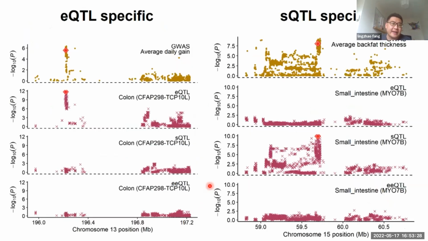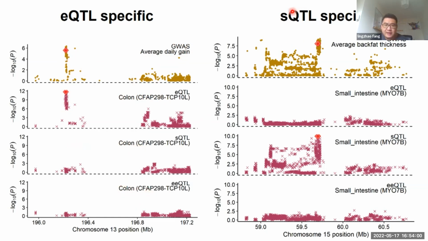And this is just some examples. The left panel shows cis-eQTL specific colocalization with GWAS loci. So that is the target trait, the average daily gain, and you can see the tissue and the gene name. The average gene expression has a very good colocalization, but not splicing or any individual exon.